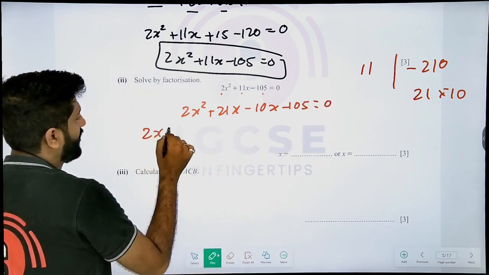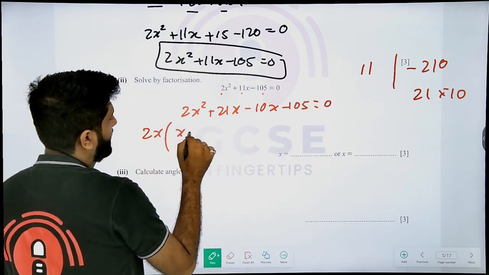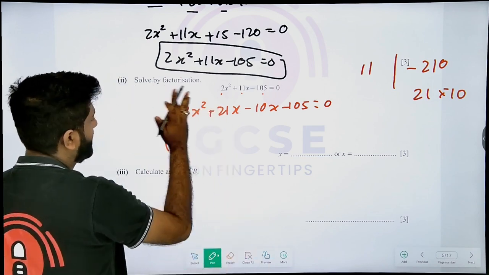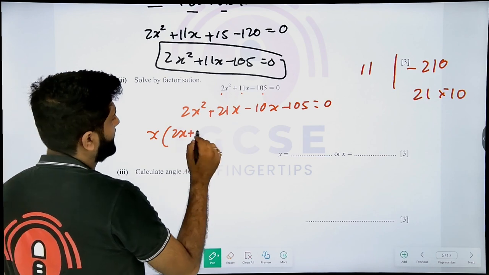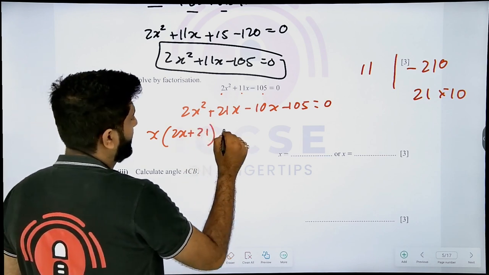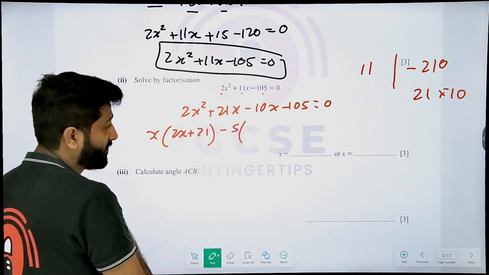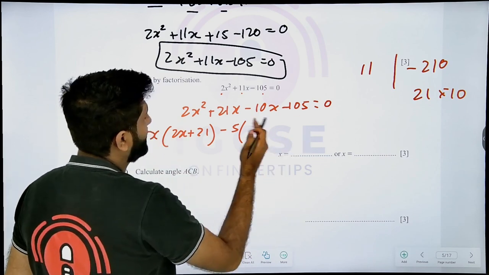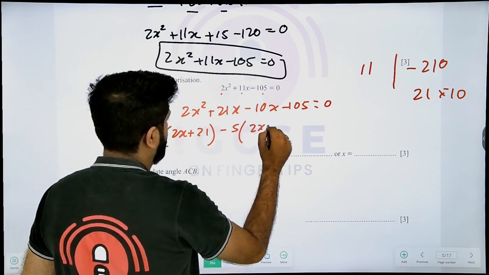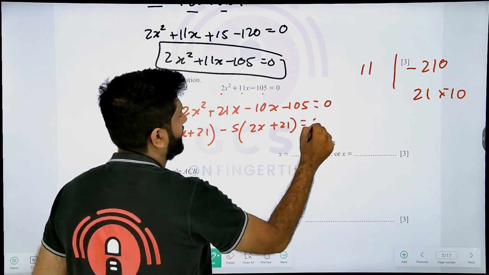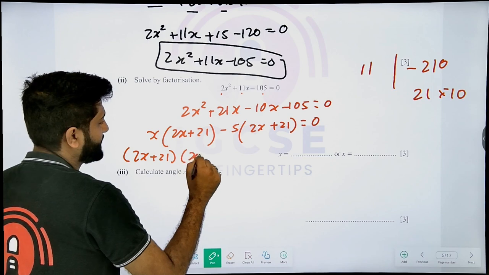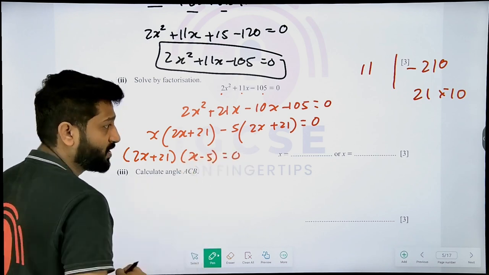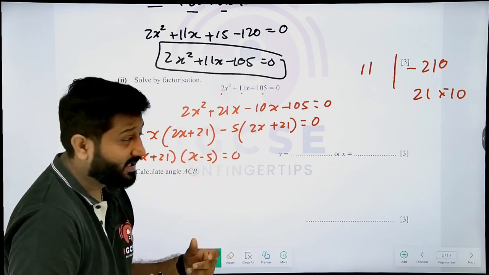If I take 2x common, sorry, I cannot take 2x common. I can just take x common, so I'll have x times 2x plus 21. And from here I can take negative 5 common, so I have 2x plus 21. So you have 2x plus 21 times x minus 5 equals 0. So from here you have two values of x.